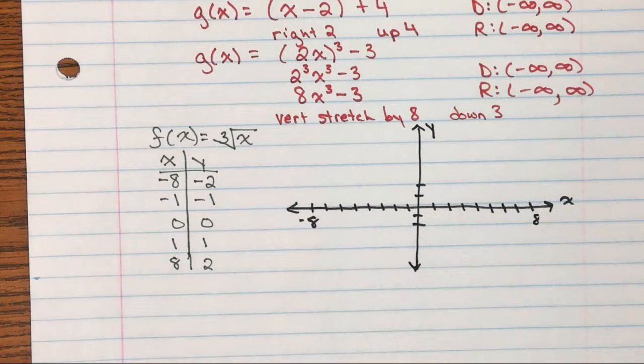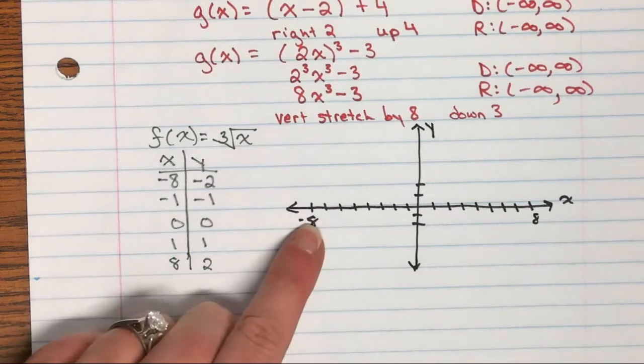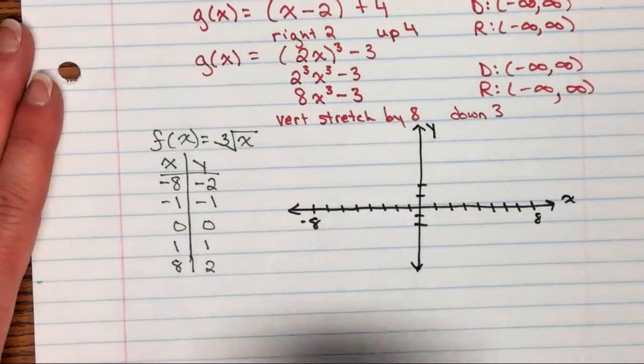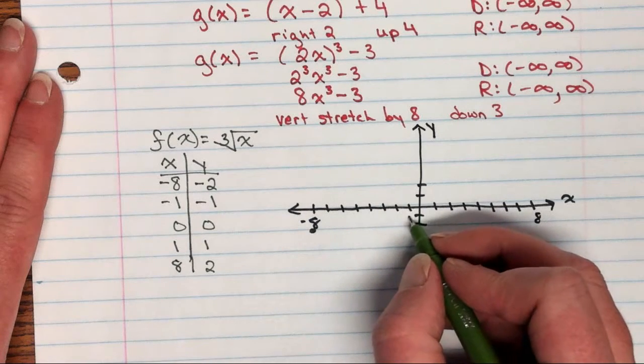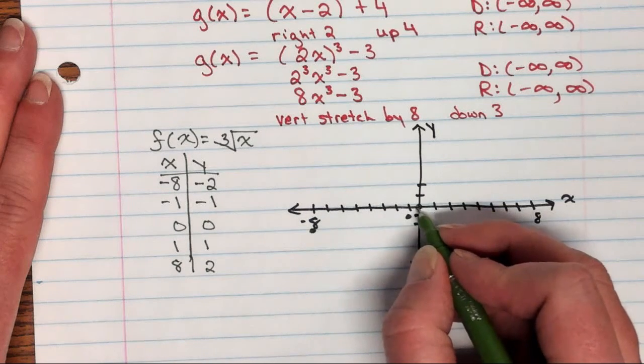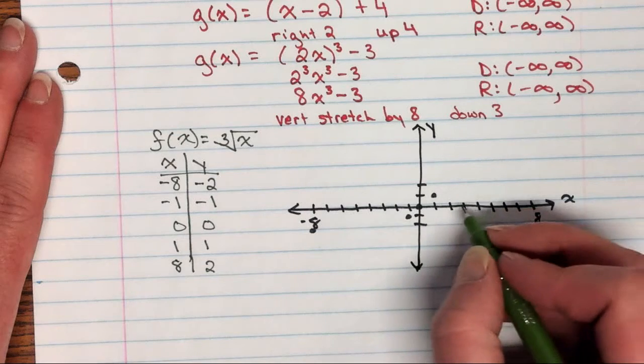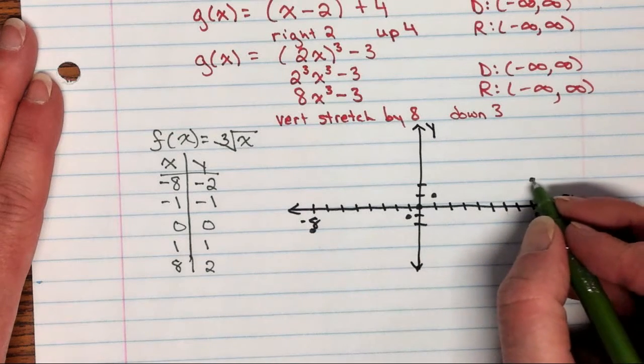Beautiful. So, negative 8, the cube root of that is negative 2. Negative 1, negative 1. 0, 0. 1, 1. 8, 2.